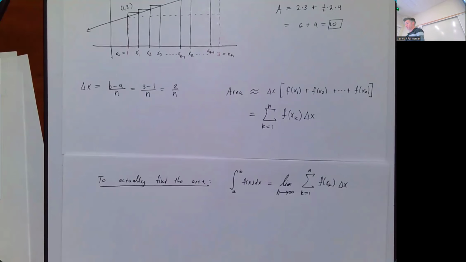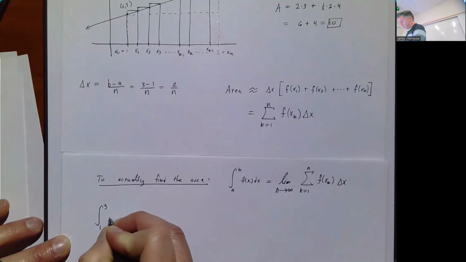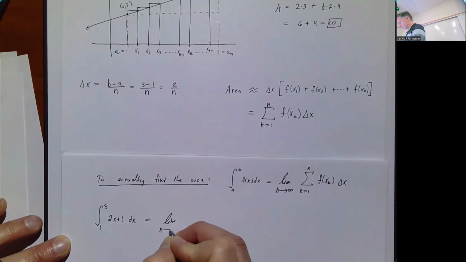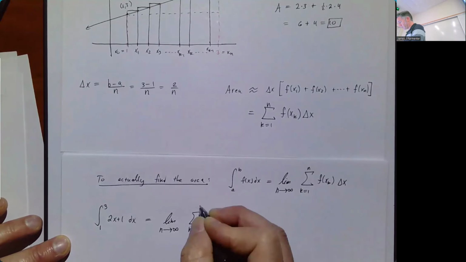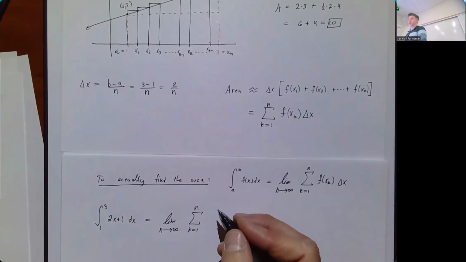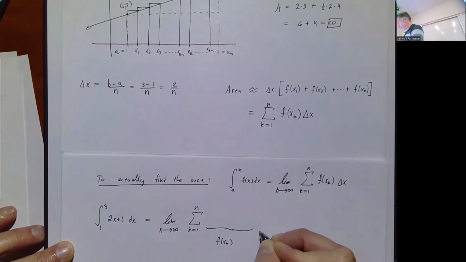All right, so in this particular case, we're going to say that the integral from 1 to 3 of 2x plus 1 dx is equal to the limit as n goes to infinity of the sum from k equals 1 to n of f of x sub k. We're going to figure out what that is in a second, but we're going to leave some space here, times our delta x, which we already know.